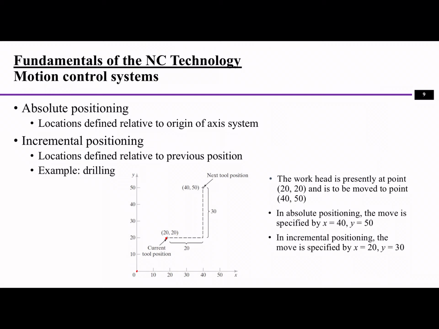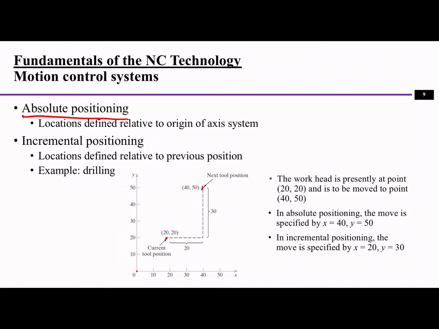So when we want the machine tool to move to this point, we just tell the machine to move to (20, 20). If we want to further move the machine tool to (40, 50), this point, then we just tell the machine to move to (40, 50). So this is the absolute positioning system.